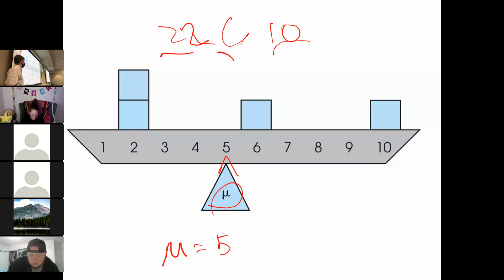What's the difference between mu and M? In the same way that we have lowercase notation and big notation for n, that means the same thing. The lowercase mu is representative of the sample mean, and then big M is usually denoting the population mean.